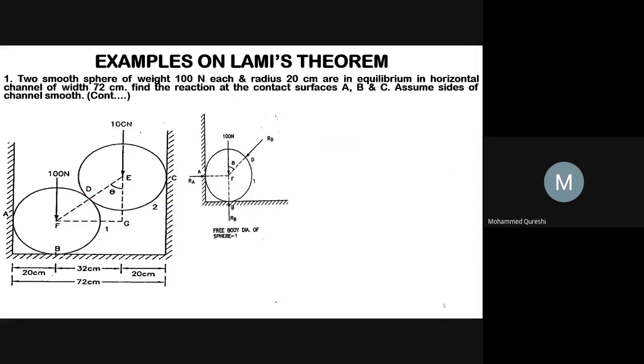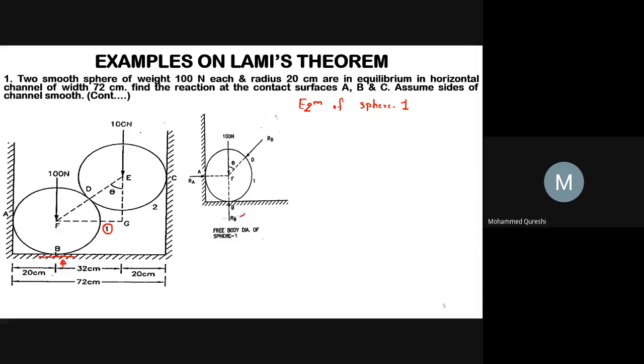Now we will go for equilibrium of sphere 1. Here we have to draw the free body diagram for figure number 1. As this is your contact surface, the reaction will be in the upward direction.